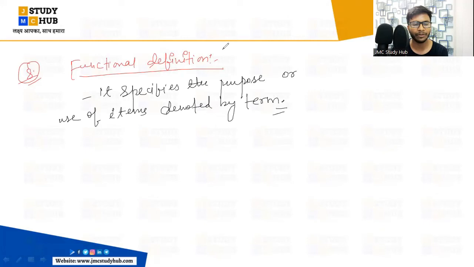Everybody give an example. Functional definitions describe the functionality in the definition, that is, the purpose or the uses of items that are denoted. Okay, quickly tell me definitions.